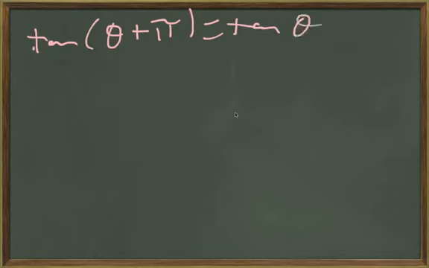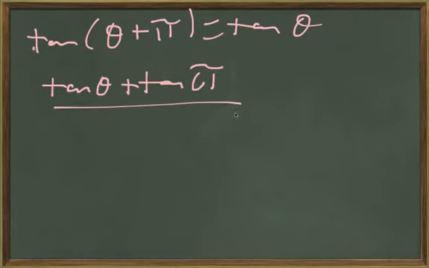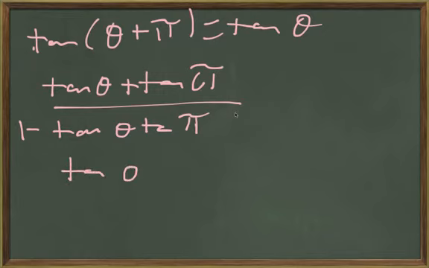So, since this is tangent of theta plus pi, this ends up being tangent of theta plus tangent of pi over 1 minus tangent theta tangent pi. Okay, now with this, tangent of theta is tan theta, plus tangent of pi actually is 0.